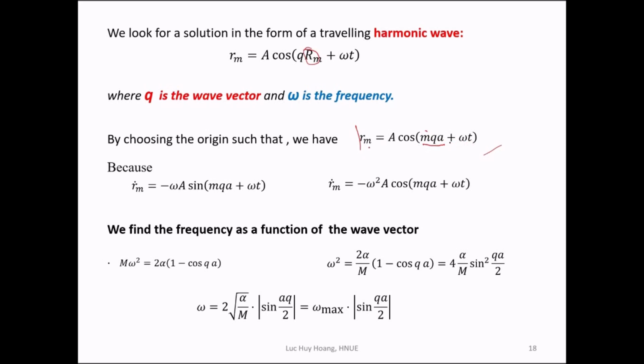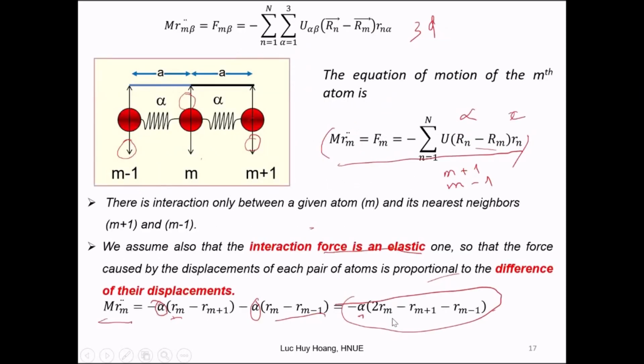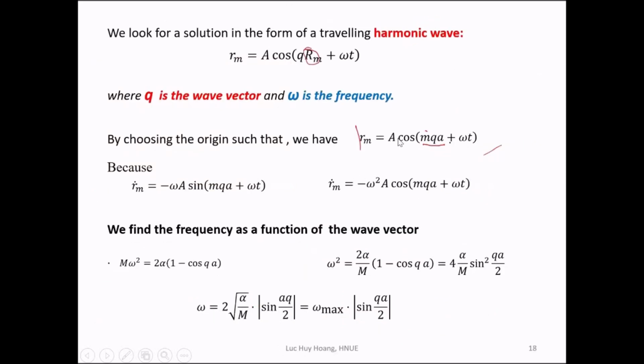We can substitute the equation into this and write this equation. And in this equation, you see that we have the second derivative of Rm. The first derivative of Rm gives omega because they have time here, and the second derivative of Rm should be omega square.